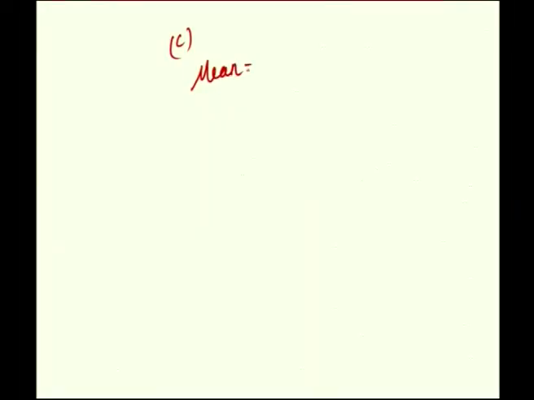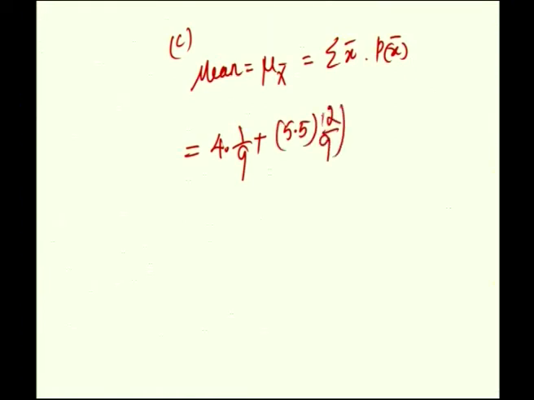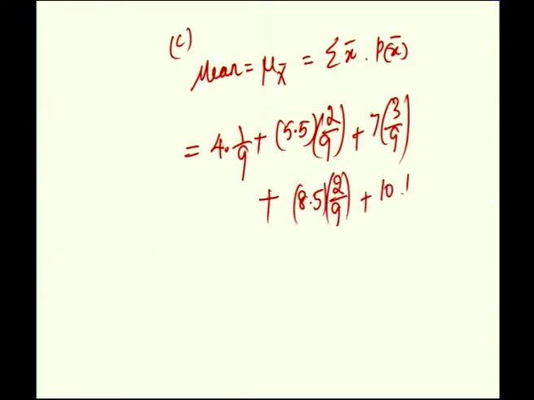Mean is equal to mu x bar, which is actually summation x bar into P of x bar, which is equal to 4 into 1 by 9 plus 5.5 into its corresponding probability 2 by 9 plus 7 into 3 by 9 plus 8.5 into 2 by 9 plus 10 into 1 by 9.